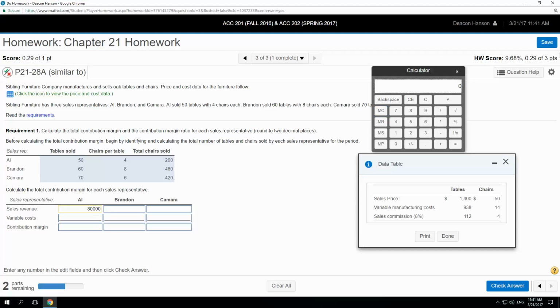So we're going to do Brandon. He's got 60 tables times 1,400. That's 84,000. And then he's got 480 chairs times $50 per chair. Then you add that to what you have in memory, and that's 108,000 in revenue.